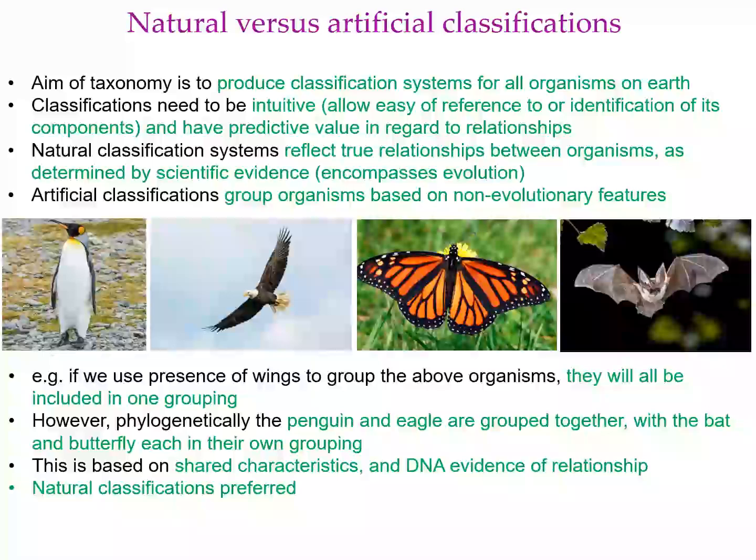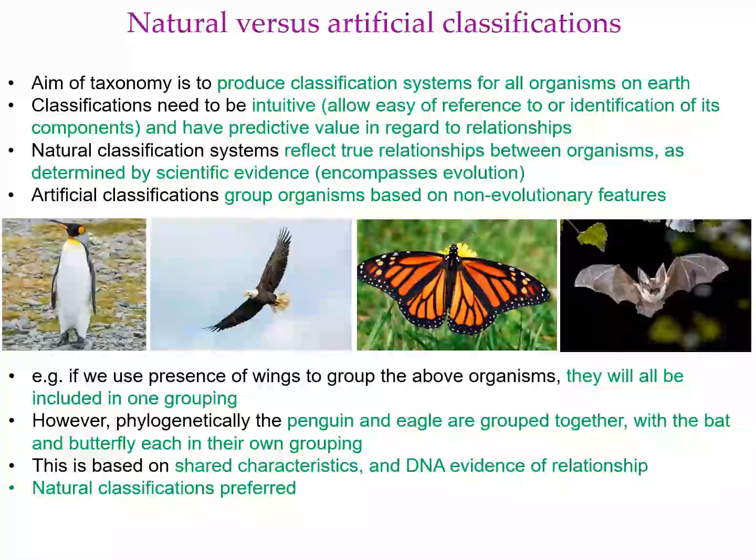And this is very much aimed at the users of these classifications, people like you out in the field or researchers in the herbarium. And they must have predictive value in regard to relationships, meaning that if things are placed in the same family or genus, we would assume that they are related to each other.